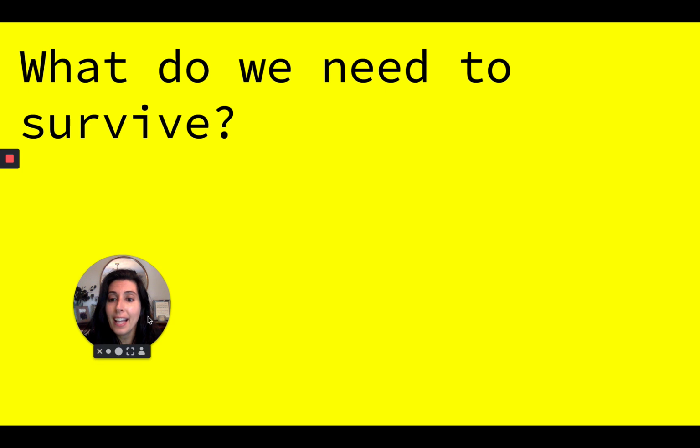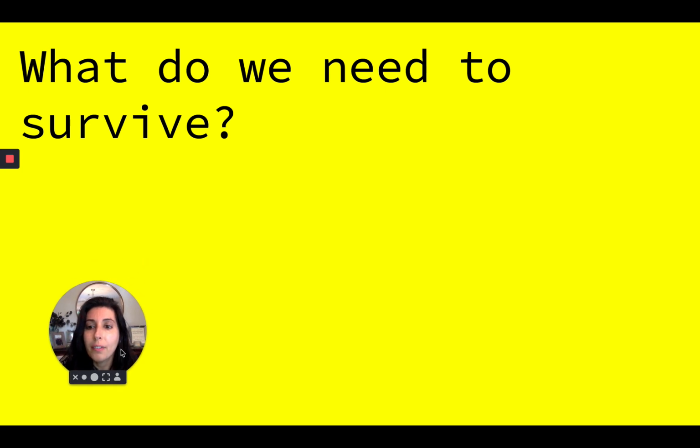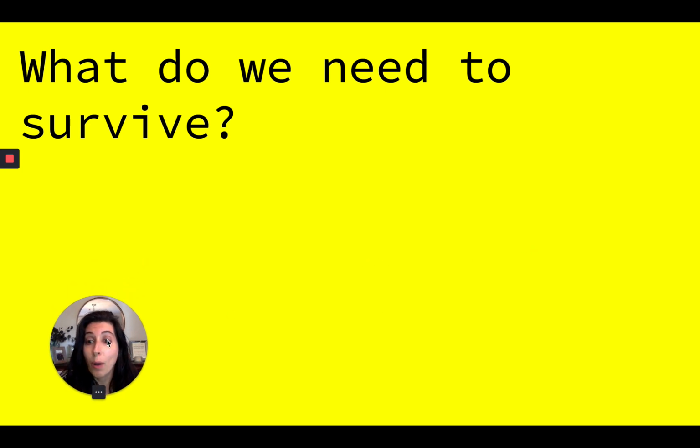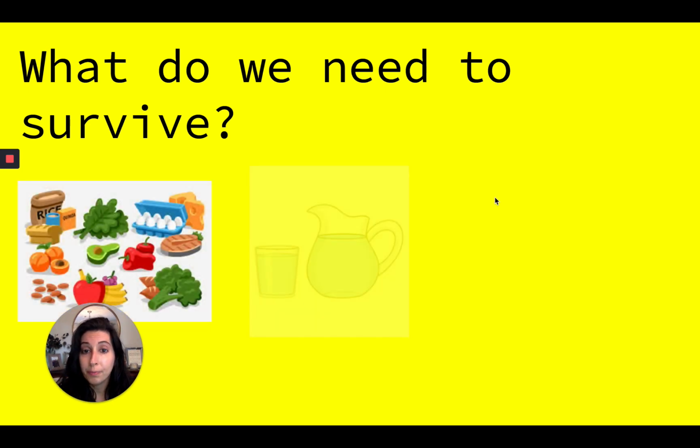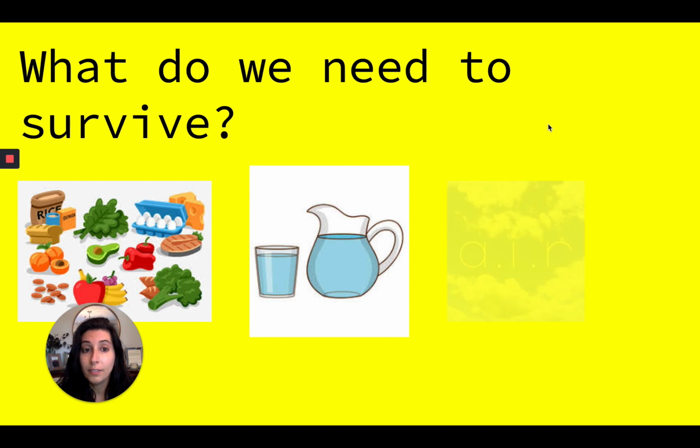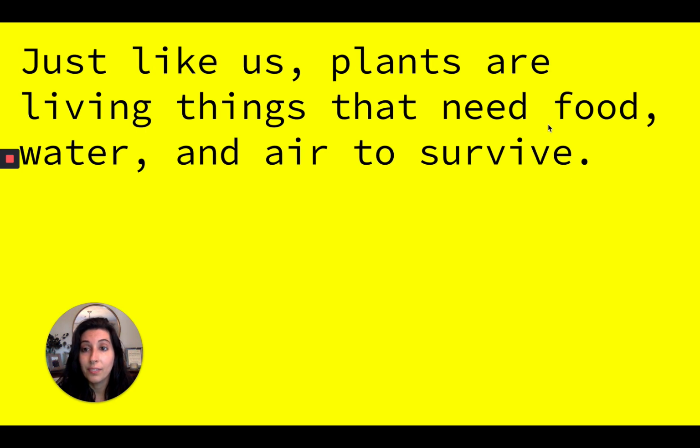So first, let me ask you a question. What do we, you and I, as humans, what do we need to survive? Do you know? There are three things that we cannot live without: food, water, and air.